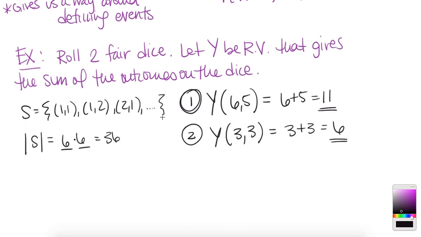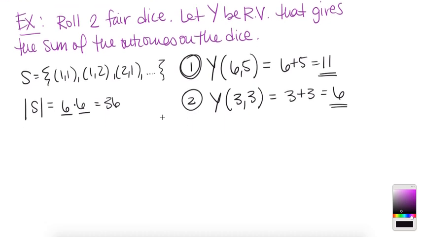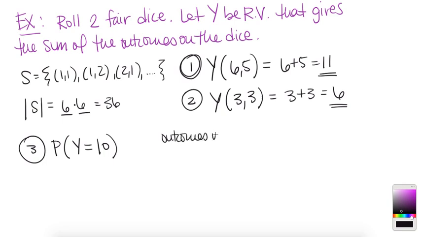Okay, now let's bring some probabilities into this. So let's find the probability that y is equal to 10. I'm just going to write out outcomes where y equals 10. Well, I could roll 2 5s.